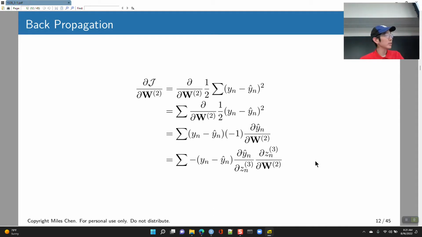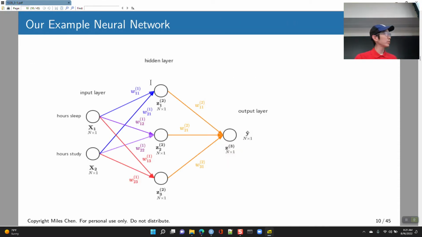All right. Let's start with figuring out the gradient of our loss function. We're going to work backwards. We're first going to find it with respect to the second weight matrix, and then we're going to work backwards and find it with respect to the first weight matrix.